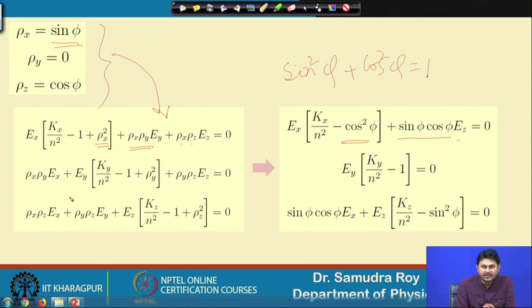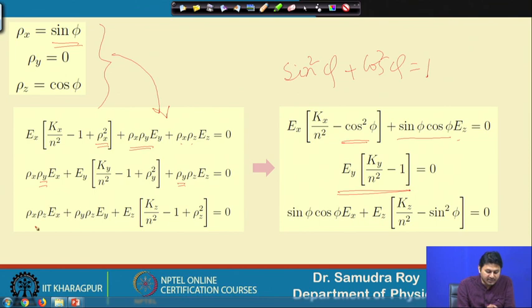Next equation, rho y is equal to 0. If I put rho y equal to 0 here and here, these two components will not be there, and I will have one equation, E y, like this.